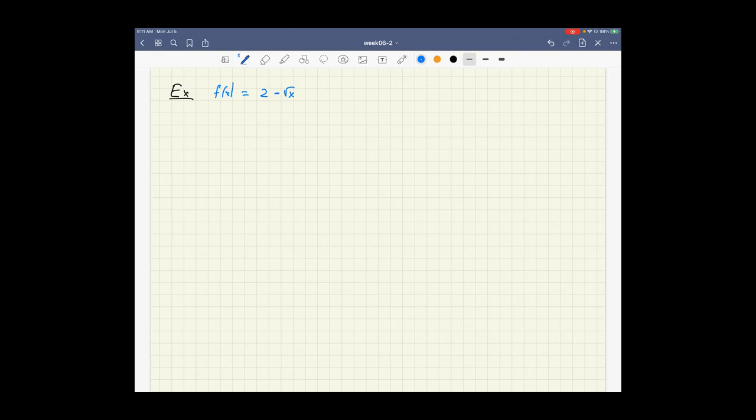Well, the domain of that function seems to be simply the set of all non-negative real numbers.